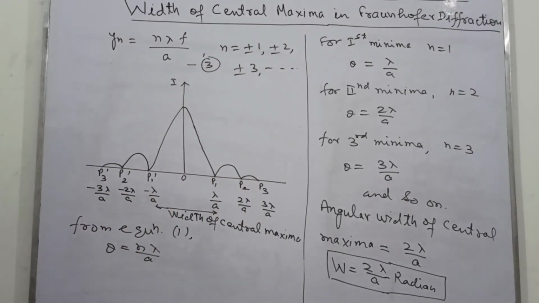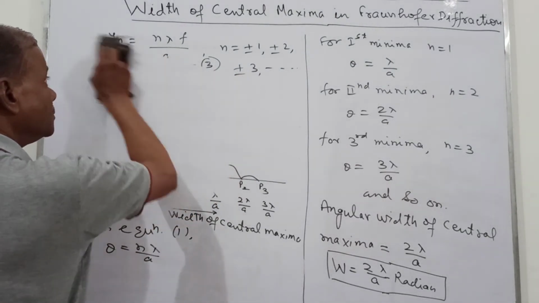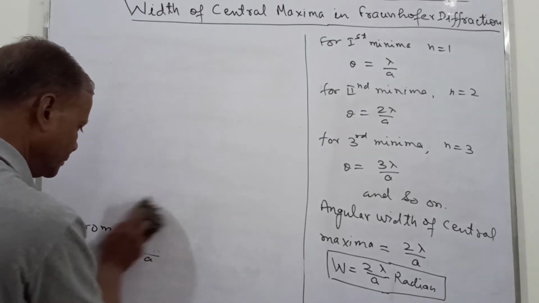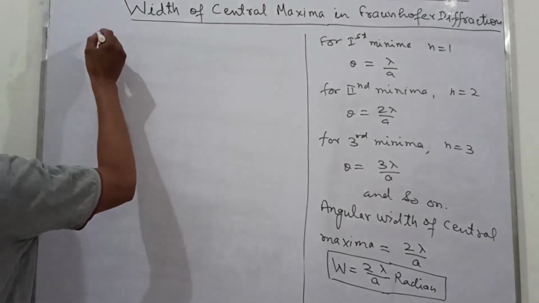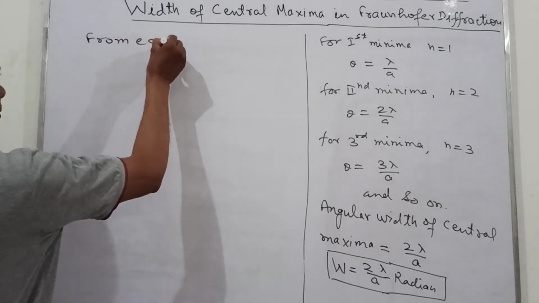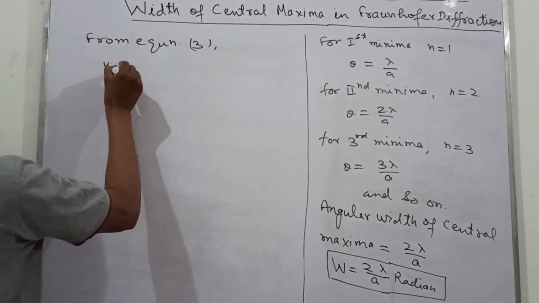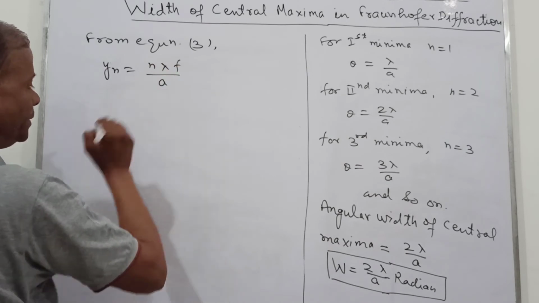So from equation 3, y_n equal to n lambda f upon a.